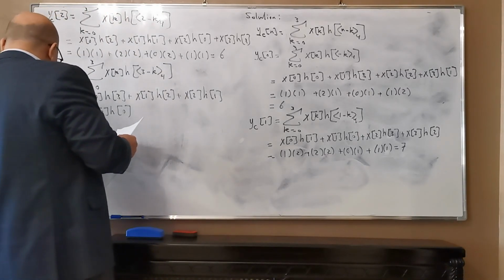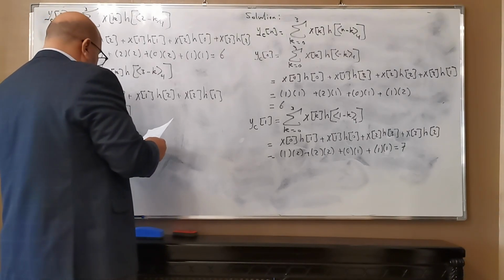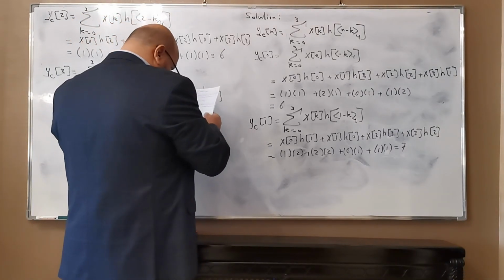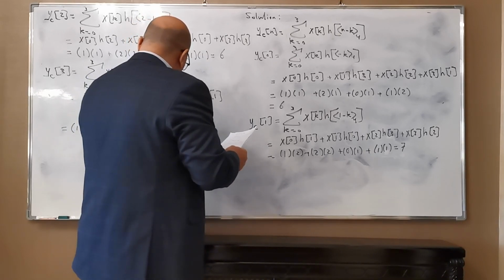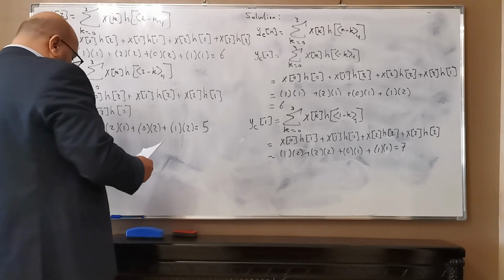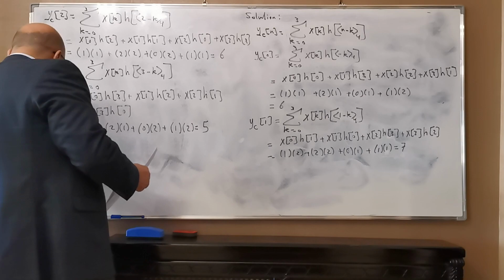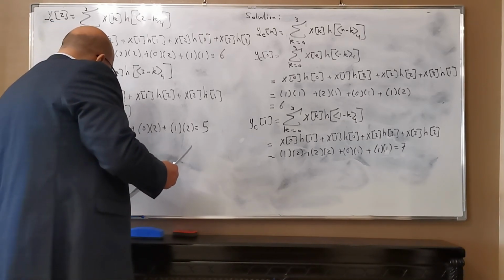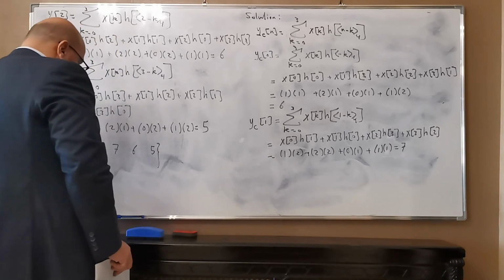If you apply those, 1 times 1 plus 2 times 1 plus 0 times 2, and the last one is 1 times 2, so you have 2 plus 2, 4, plus 1, 5. So our YC of n is equal to 6, 7, 6, and 5.